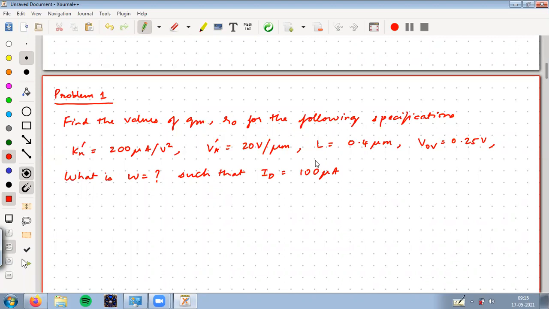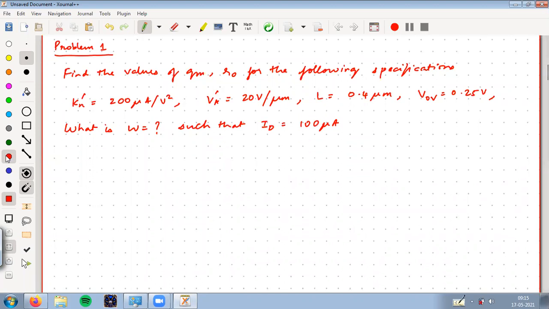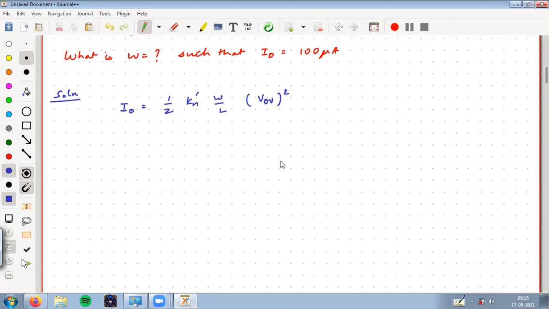All right. So the first thing, solution. First thing here is use the drain current equation. ID equals half mu n, I'll write Kn prime, W by L into VOV whole square. VGS minus VT is overdrive voltage, so I'll replace that with VOV.